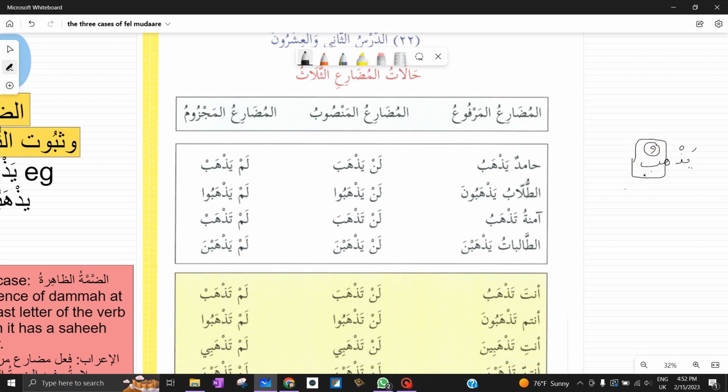Now, in marfu case, whenever you see a present tense carrying a dhamma on the last letter, know that it is a marfu case.